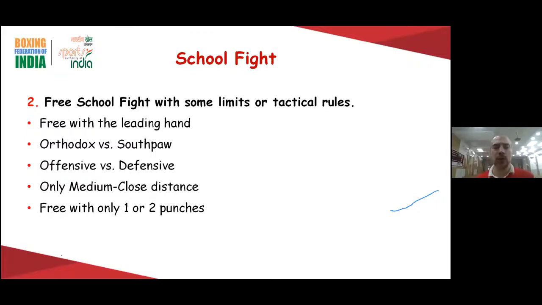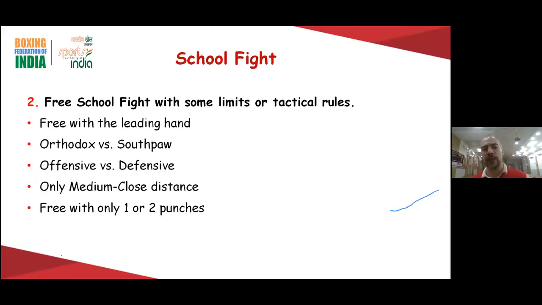Now we look at more tactical work of school fight. So in this free school fight, we have some limits or tactical rules. For example, free work, but only with the lead hand. Or orthodox against southpaw. If we don't have any southpaw, one boxer will turn southpaw and they work free, but once they southpaw half the round and then they change for one round and then change next round.